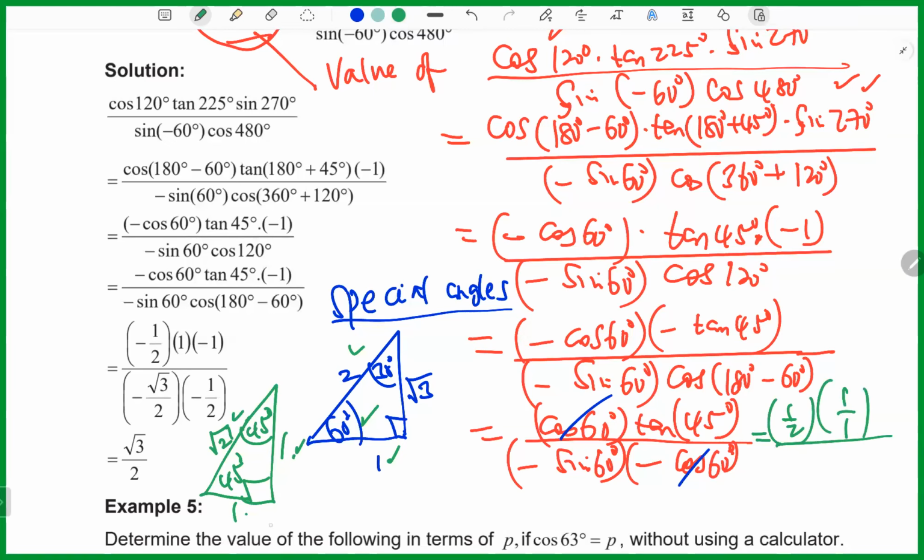The sine of 60 degrees is opposite over hypotenuse, the square root of 3 over 2. The cosine of 60 degrees, in view of SOHCAHTOA, is adjacent over hypotenuse. Dealing with the angle of 60 degrees, adjacent is 1, hypotenuse is 2.